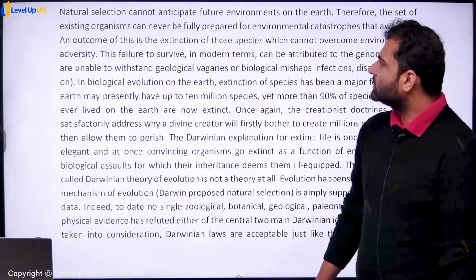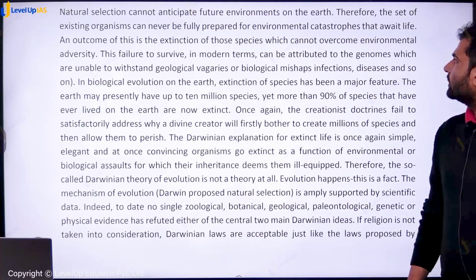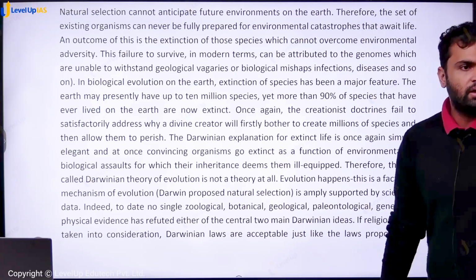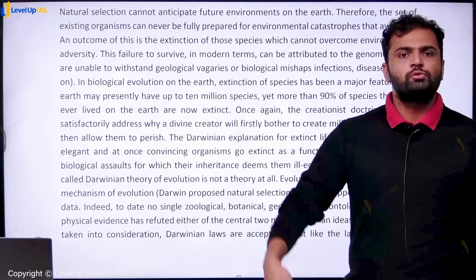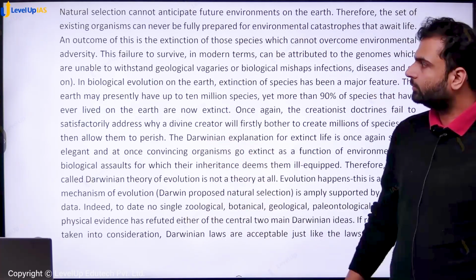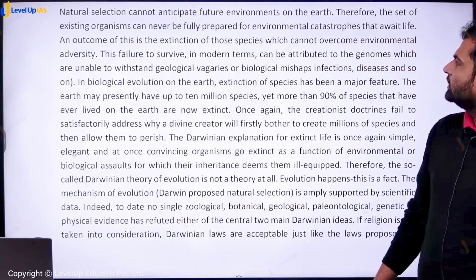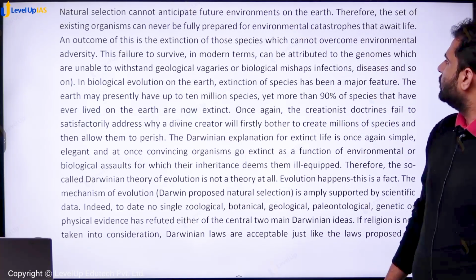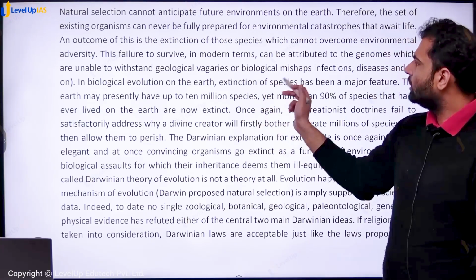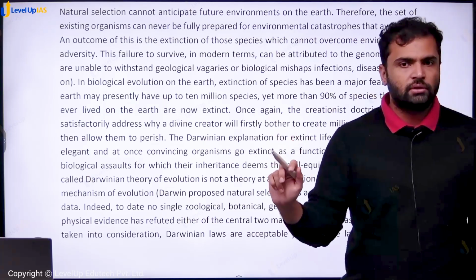An outcome of this is the extinction of those species which cannot overcome environmental adversity. Of course, species come and go, they come, they get extinct, new species may emerge, and that goes on. Survival of the fittest. This failure to survive in modern terms can be attributed to the genomes, which are unable to withstand geological vagaries or biological mishaps, infection, diseases, and so on.